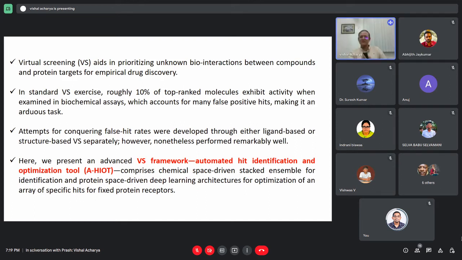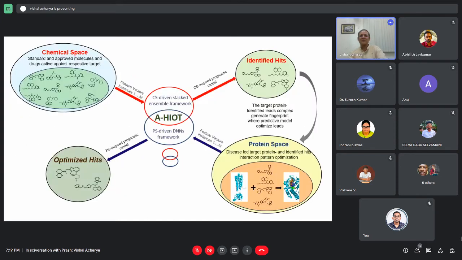This was about how we designed it. I will show just in general how we integrated chemical space.